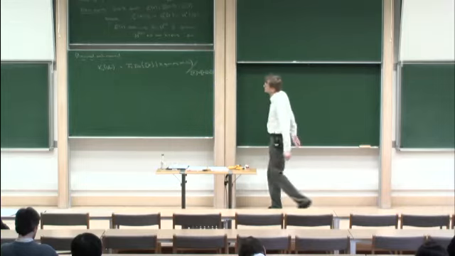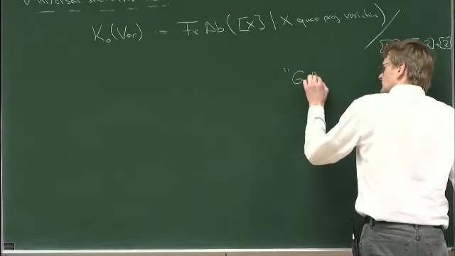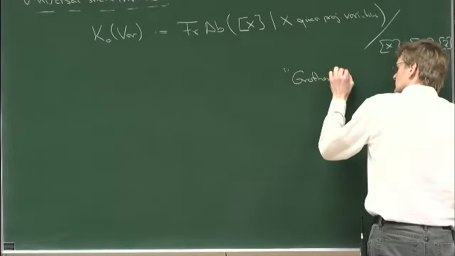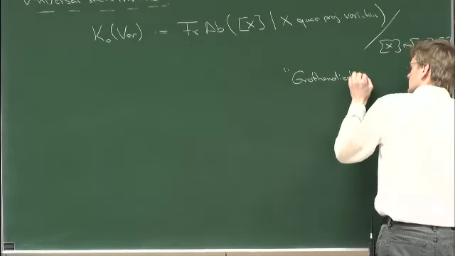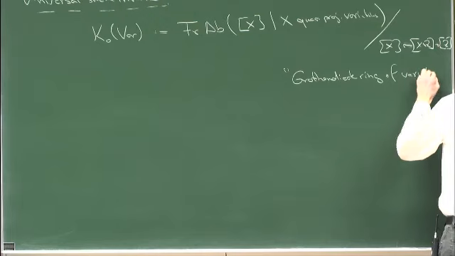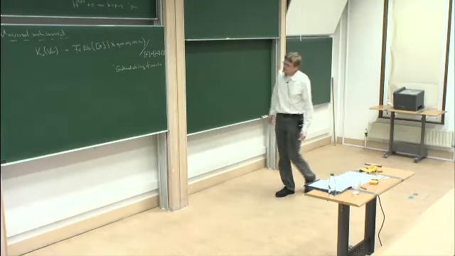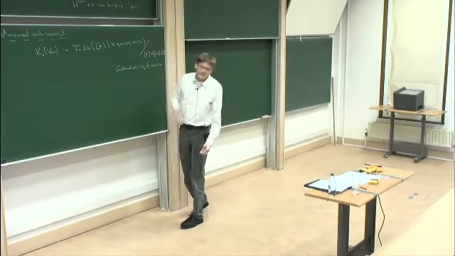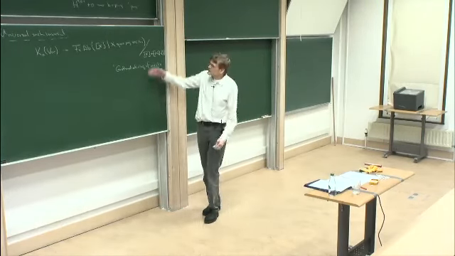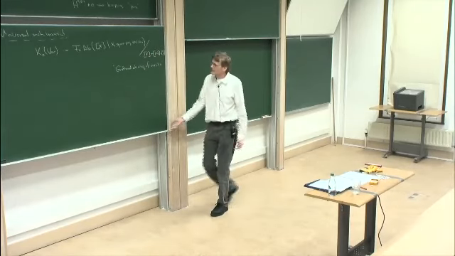This carries the name Grothendieck ring of varieties, and apparently it carries its name justly, because it seems that Grothendieck really wrote this down first, but it was never used until Kontsevich used it for his famous result.